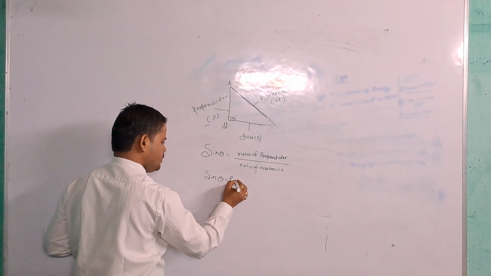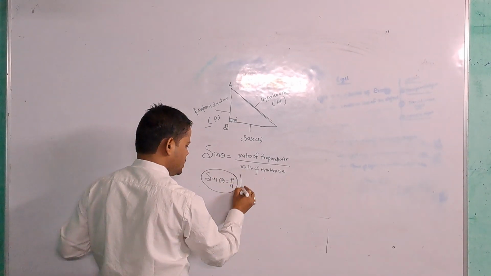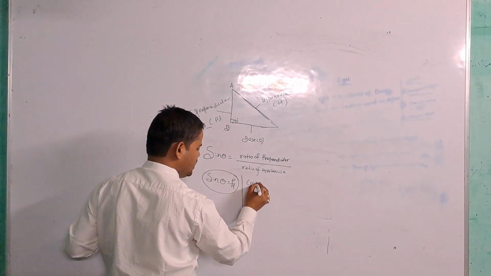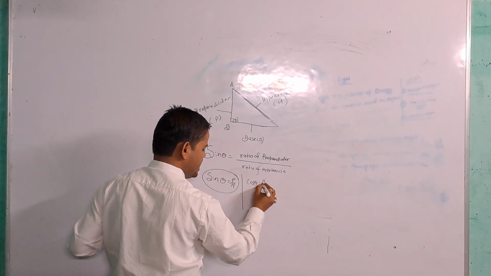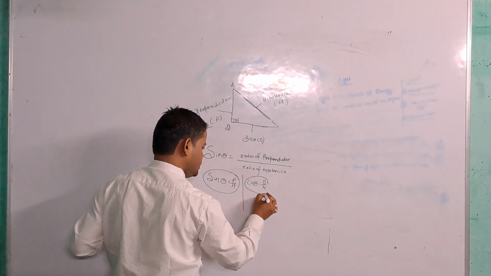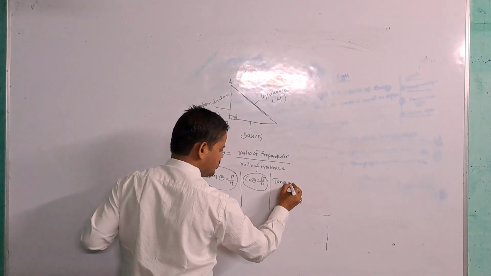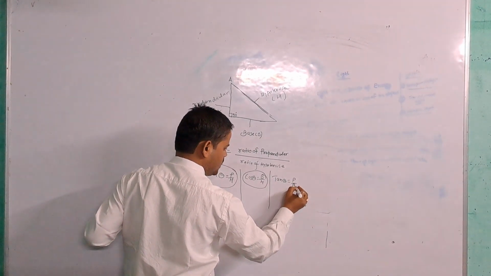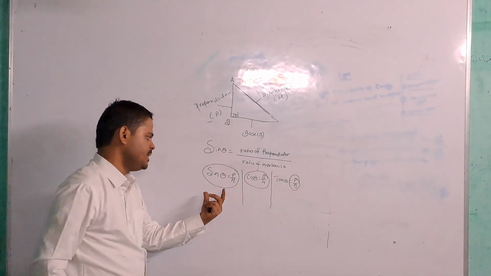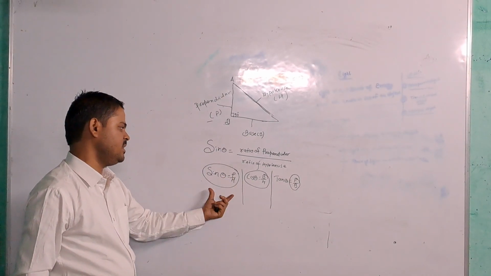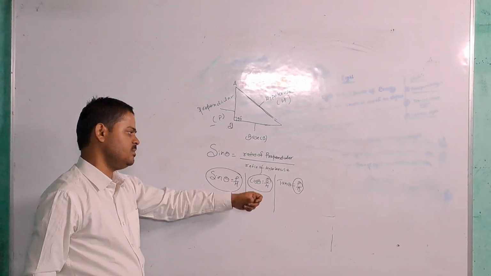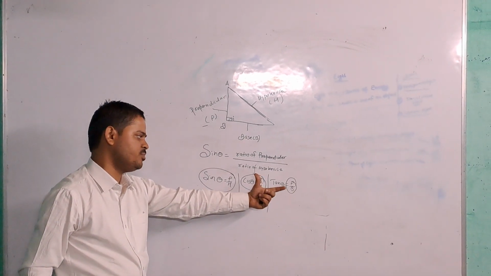There is another, which is known as cos theta, which is b by h. There is another thing which is known as tan theta. It is p by b.